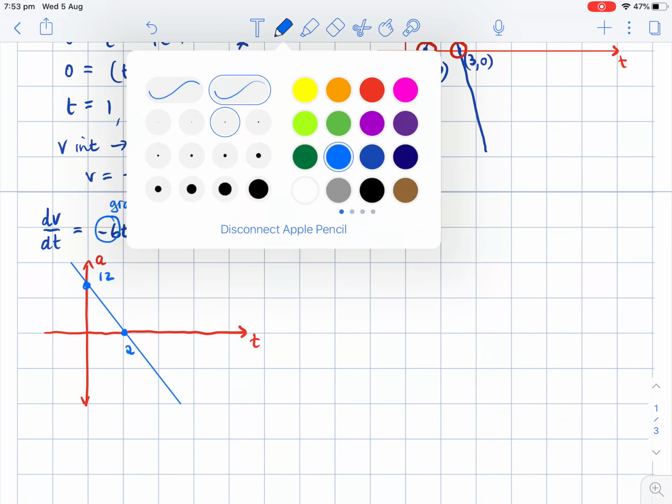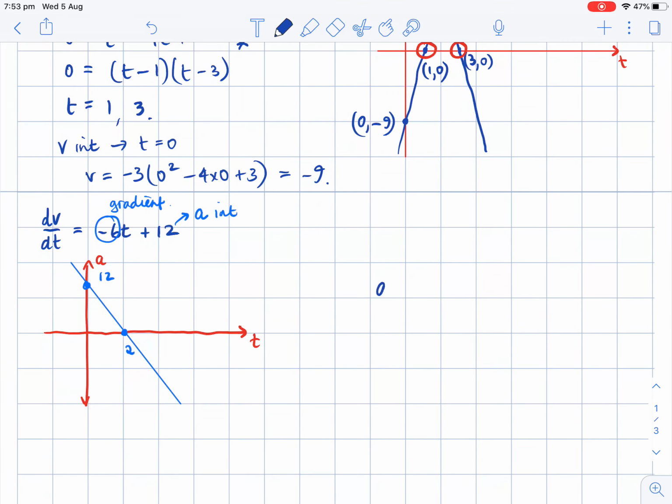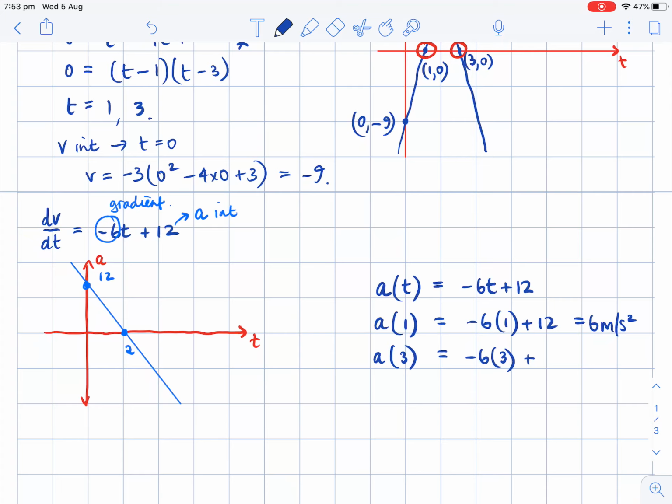Here's our equation for acceleration. So acceleration is given by negative 6t plus 12. So at 1, acceleration is equal to 6 meters per second squared, and at 3, the acceleration is equal to minus 6 meters per second squared.